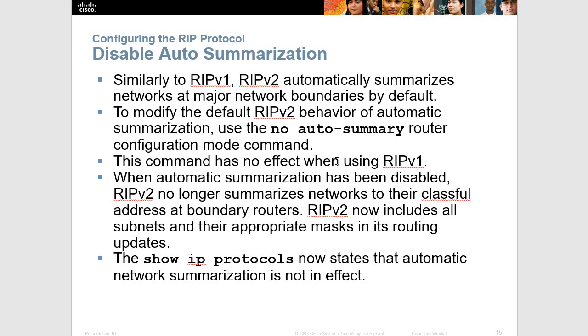You'll see each route with its own subnet mask and entry in your routing table. It's not something you have to do, but it can cause issues if you leave auto summary on at times. You need to look at the situation that's being presented to you and decide whether you want to turn it off or leave it on.